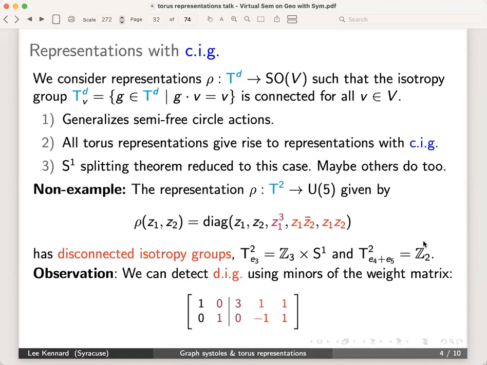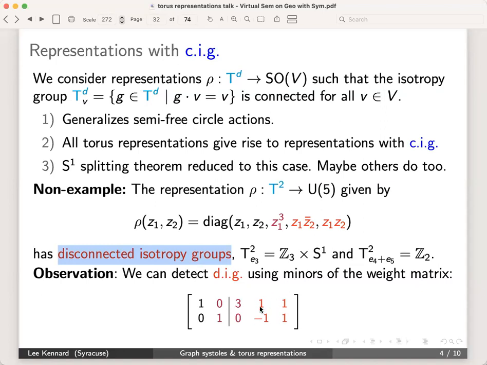What I want to point out here, though, is that this condition of having a disconnected isotropy group can be detected by looking at the weight matrix and specifically determinants of submatrices. So what I've done here is I've taken the exponents like z1 to the 1, z2 to the -1, and put those as column vectors. These are the weights of the representation. You can see this red submatrix here corresponds to these two irreducible subrepresentations.